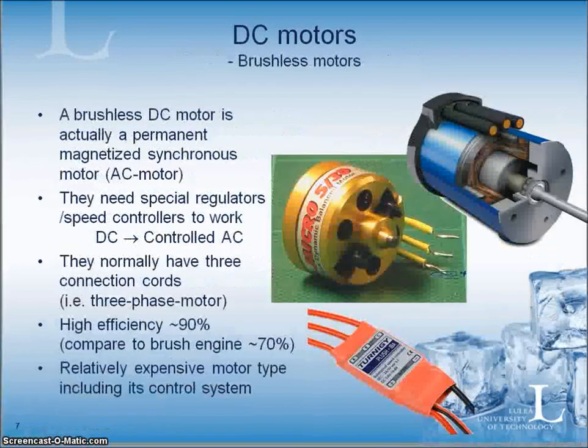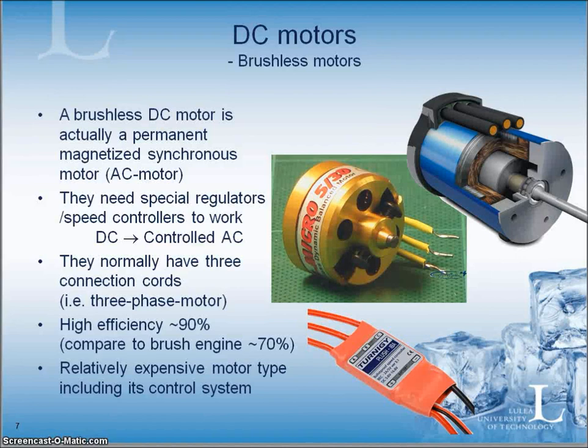Next type, brushless motors. These are becoming more and more common. A brushless DC motor is, however, actually not a DC motor. It's a permanent magnetized synchronous motor. In other words, an AC motor. This means that they need special regulators or speed controllers to work.